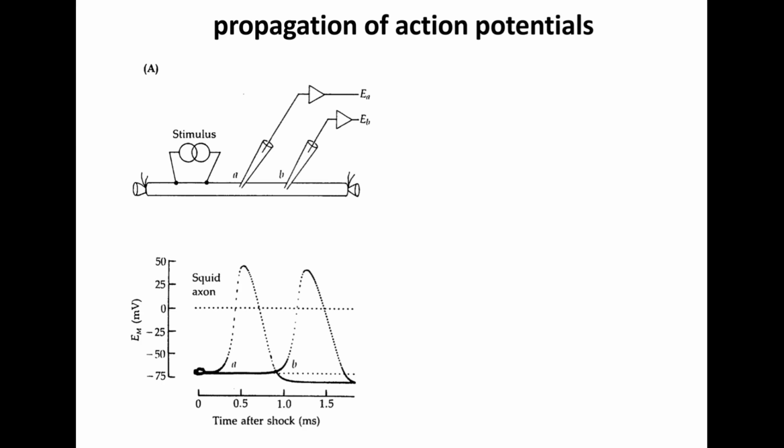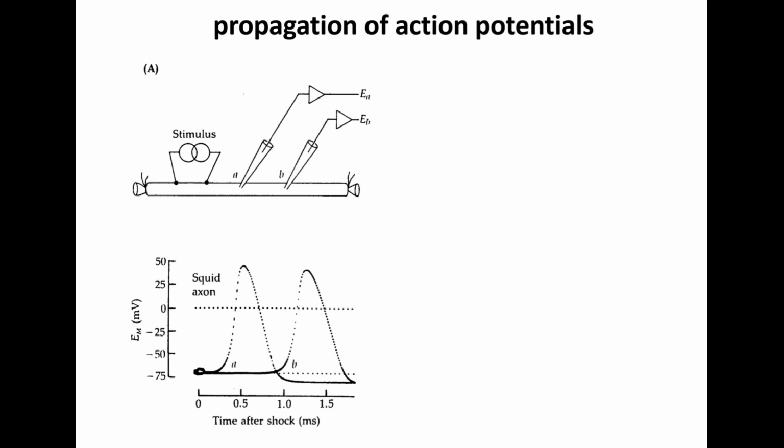Now, at the bottom of A, you will see the result. The pipette in A, measuring the membrane voltage at place A, has a maximum after 0.5 milliseconds, and then somewhat later you will see the same profile of the membrane voltage at position B.